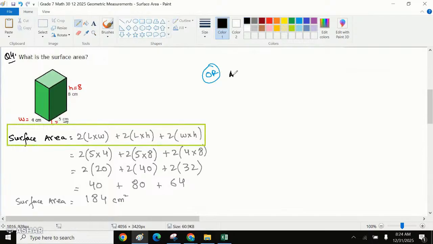Surface area equals length multiplied by width plus length multiplied by height plus width multiplied by height, where everything is multiplied by 2. This will give exactly the same answer, but some students might get confused that there are only 3 sides. So for that particular explanation, I was writing them separately.